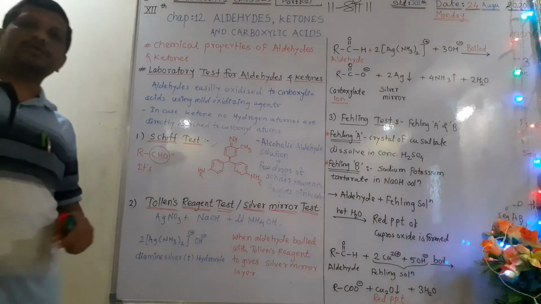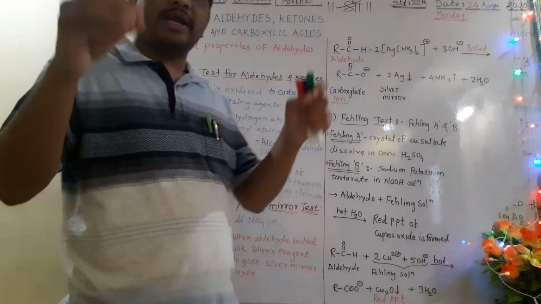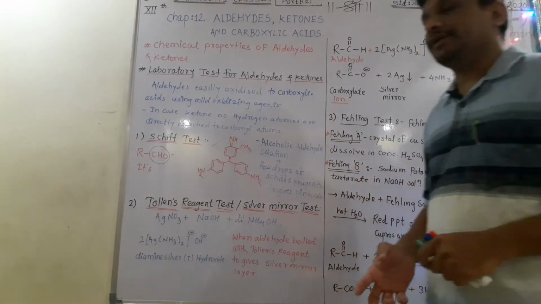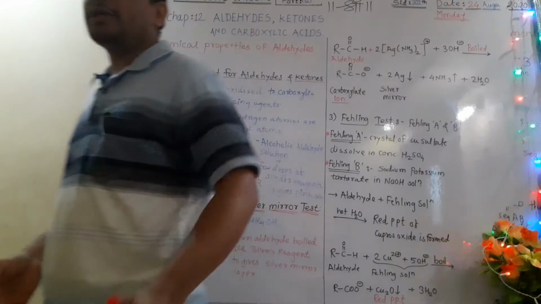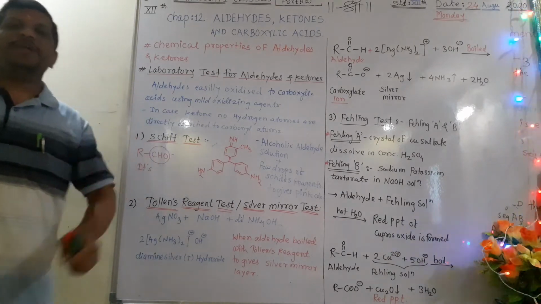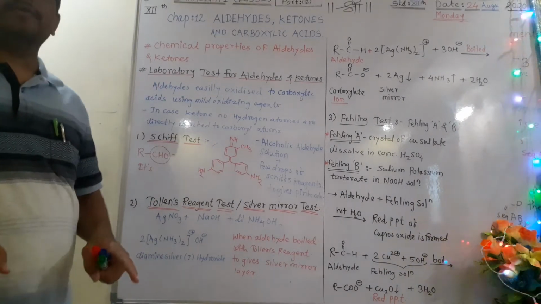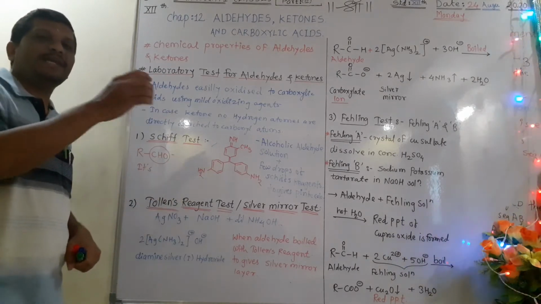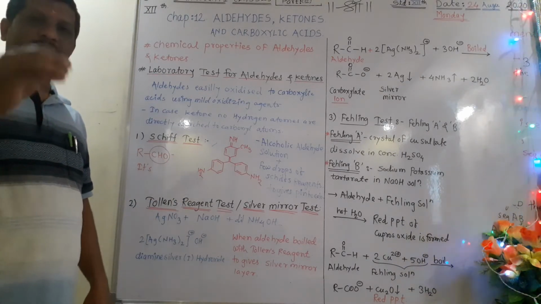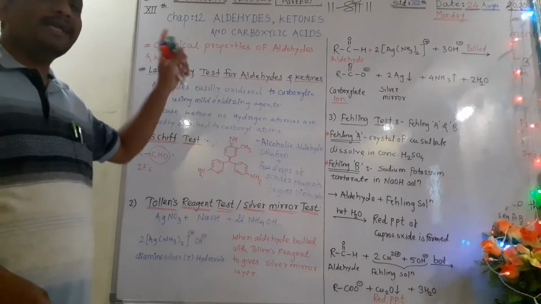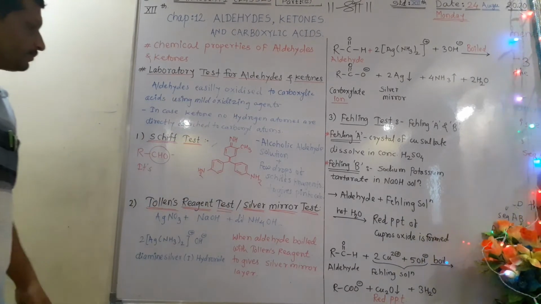You add a few drops of Schiff's reagent and it gives a pink coloration, and this pink coloration confirms that the CHO aldehydic functional group is present in the compound.